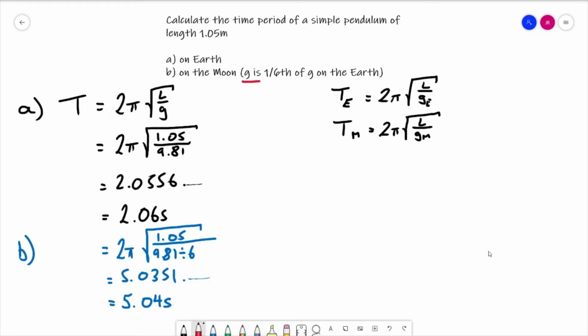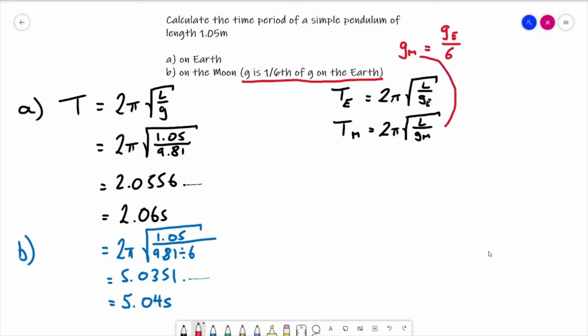From this part of the question, if we translate that into an equation, what it's telling us is that g on the Moon is equal to g on the Earth divided by 6.